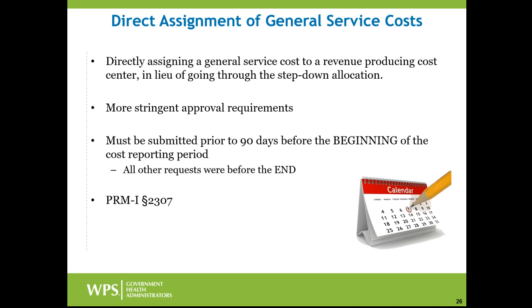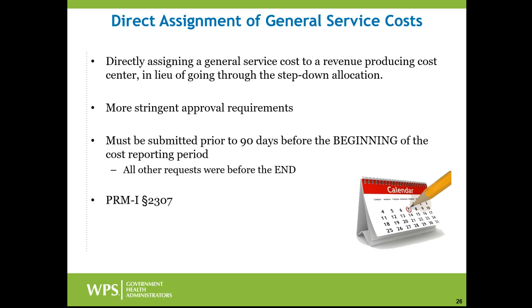All of the other requests, stat changes and unique cost centers, were due 90 days before the end of the cost reporting period. The reason for that is there's a much higher chance that this request is going to be denied just because of all the requirements there are. And by the nature, if you're doing direct assignment, you need to know whether it's approved or not very early on in the process. It's not good enough to know right at the end of the process.